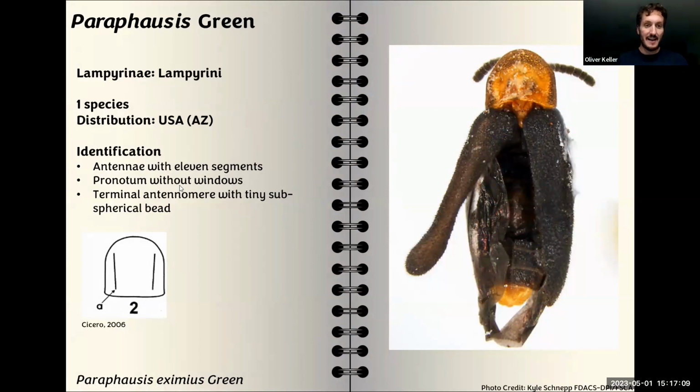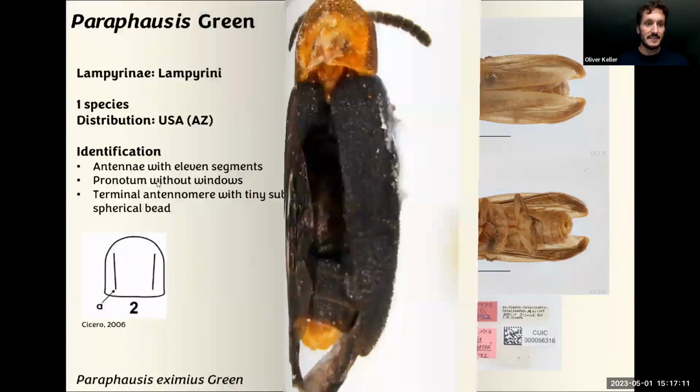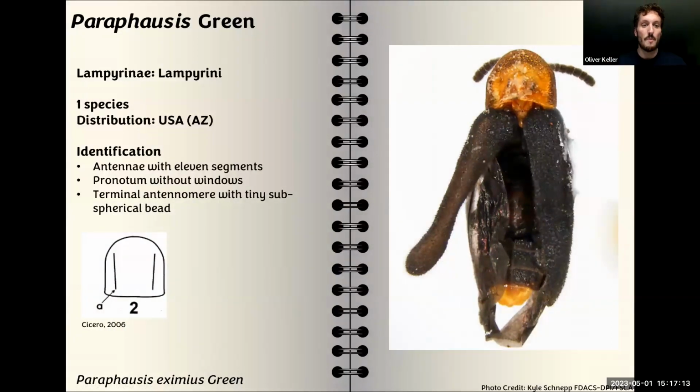The antennae have 11 segments. The pronotum has none of the windows like Phausis would have. And here again, that antennomere has these subspherical beads. Very different from the other genus we talked about with these beads, from the coloration, and it's also much smaller, I think.